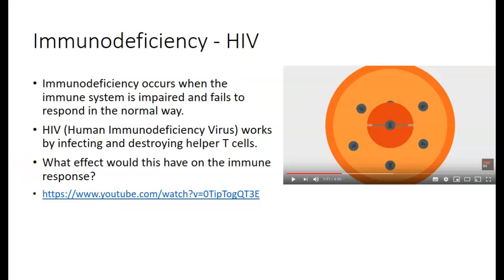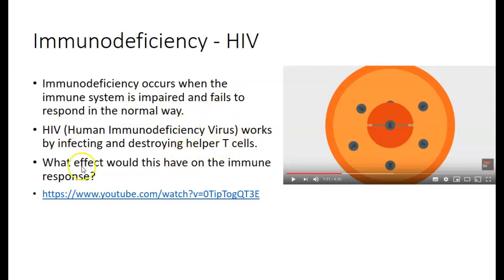So AIDS is where we've got a completely defunct immune system. HIV is the virus attacking the immune system that will eventually get us to the point where the immune system's not functional. HIV, the virus, works by infecting, obviously, your own body cells, and a particular cell being the helper T cell.